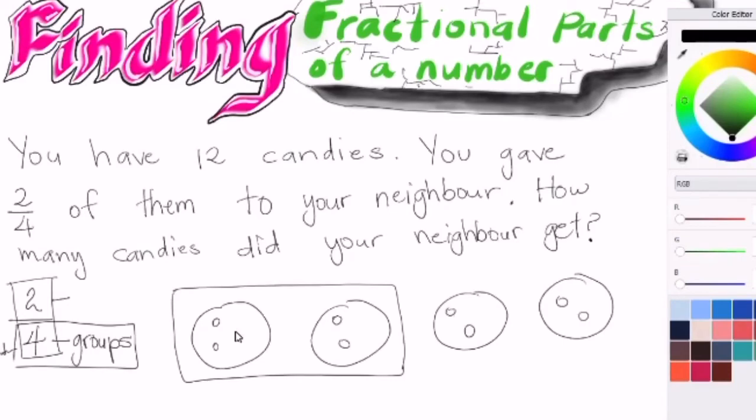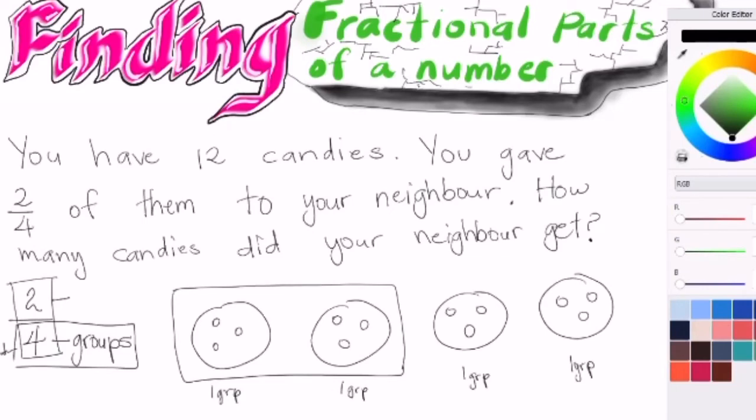We still need more. 9, 10, 11, and 12. We've distributed all our 12 items into 4 groups. And yes, the 4 groups are even. So we have 1, 2, 3, 4 groups there.